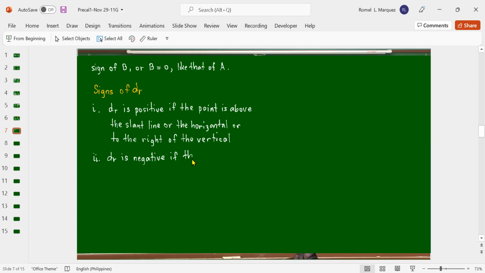If the point is below the slant line, no? Or horizontal line, no?